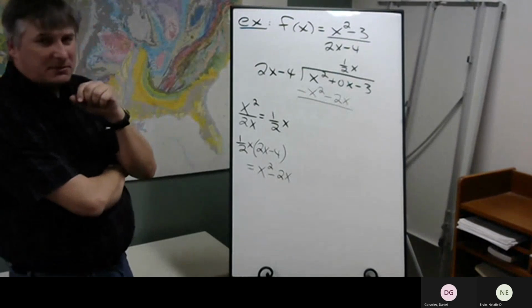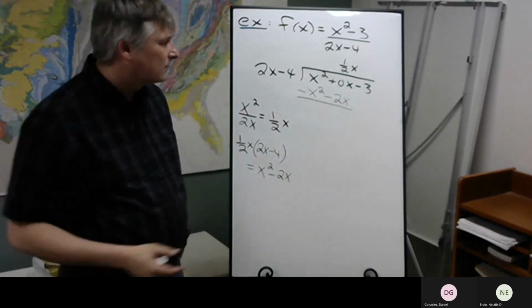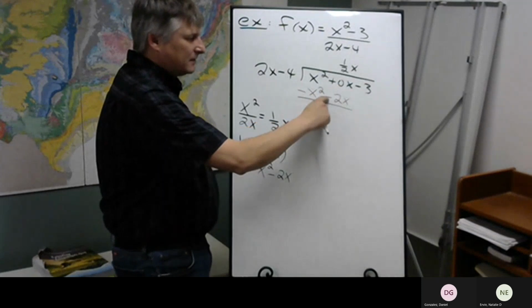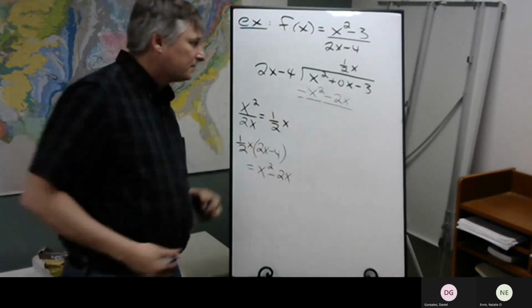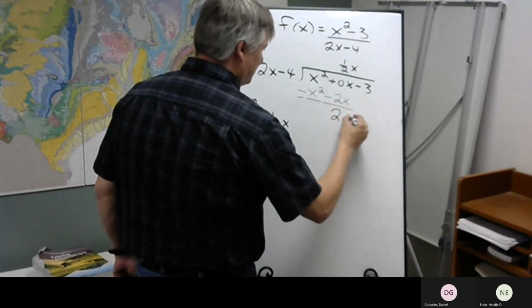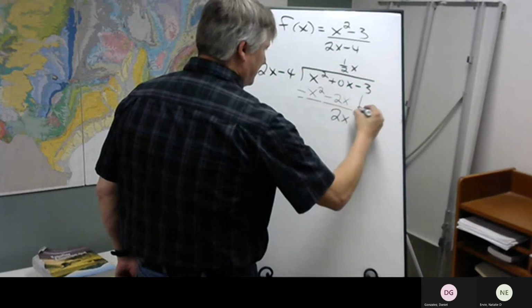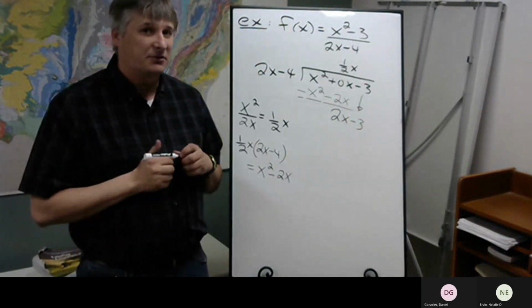You've got to be careful with the subtraction here. x squared minus x squared is going to be 0. But 0 minus a negative is a double negative, so it's going to become plus 2x. So we just get 2x. Bring down the minus 3, and we're through our first cycle of division.